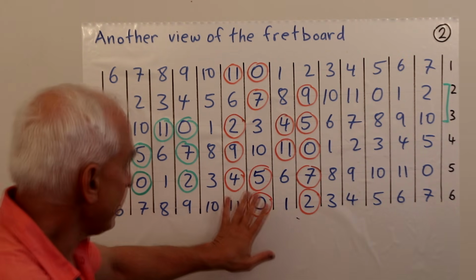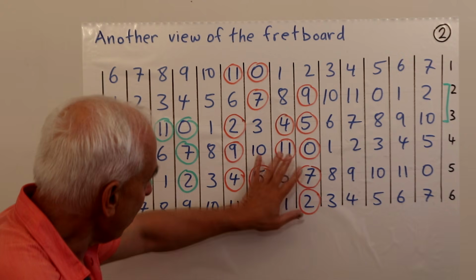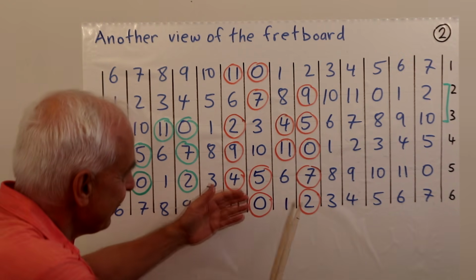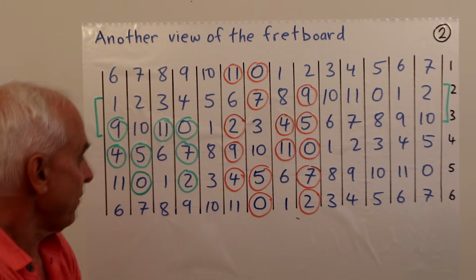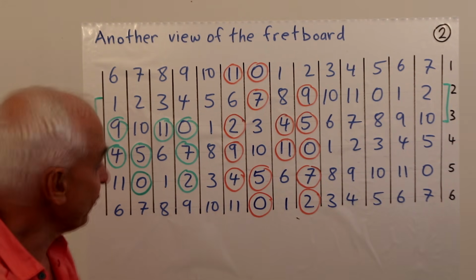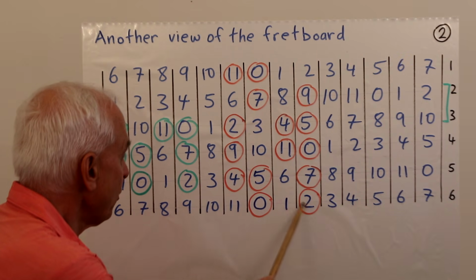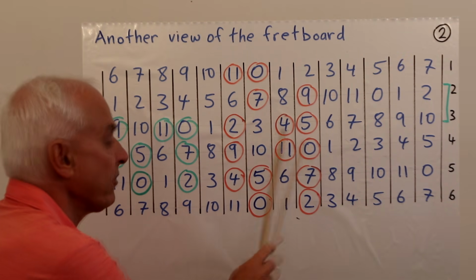And you can see that the guitar allows you to see that scale in a pleasant fashion, exactly as I've shown you here with these red circled notes. So 0, 2, 4, 5, 7, 9, 11, 0.